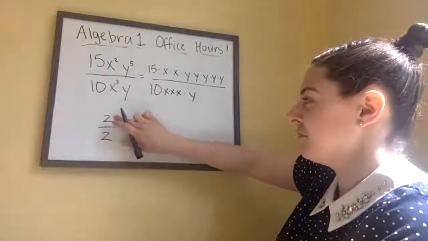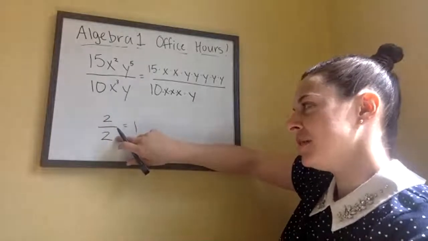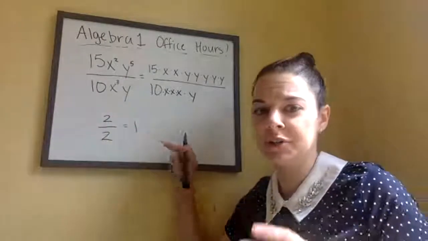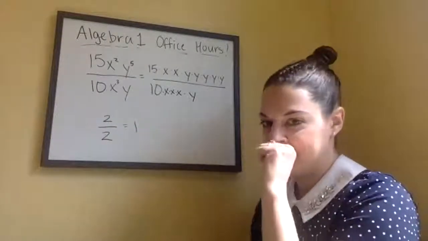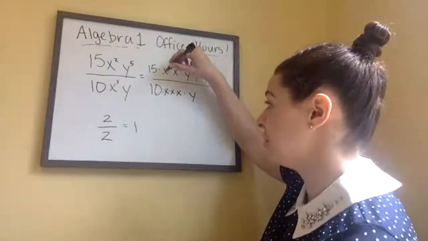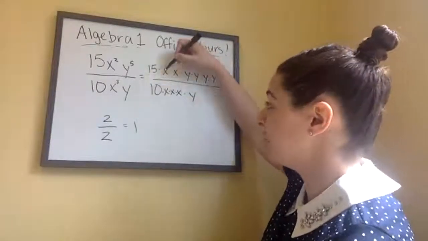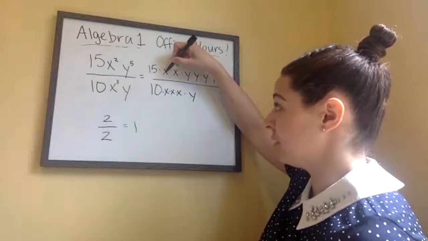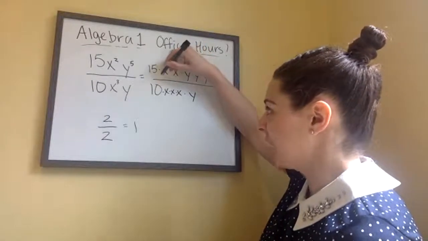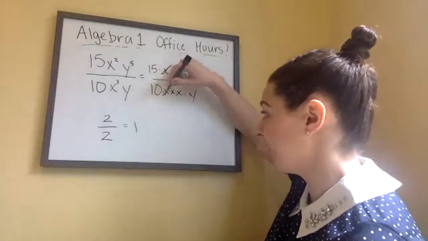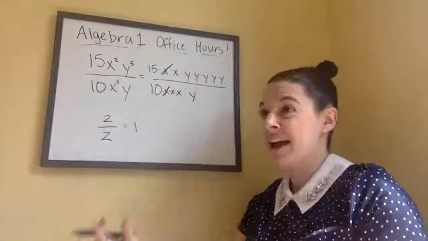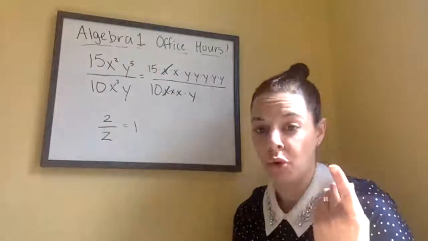Because something on the top and bottom simplifies to 1, you can use that same concept with variables as well. If I have an x on the top and on the bottom, I can cross 1 off on the top and 1 off on the bottom, because technically that simplifies to 1 whole.